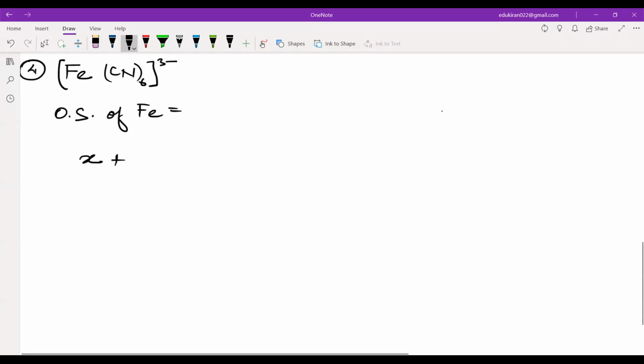Six cyanide ions, very good. And cyanide is what? A negatively charged, positively charged, or a neutral ligand?